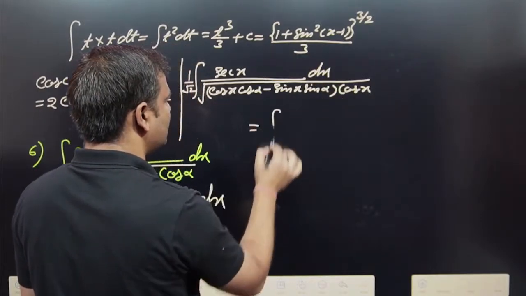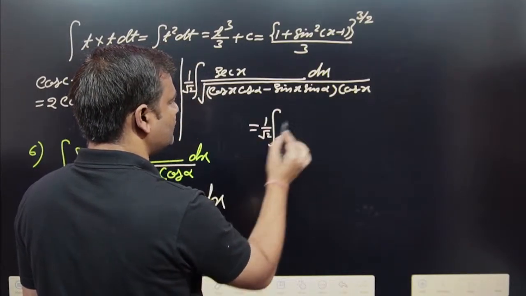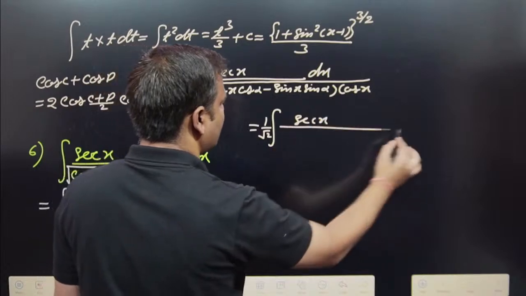After that 1 upon root 2 here sec alpha.